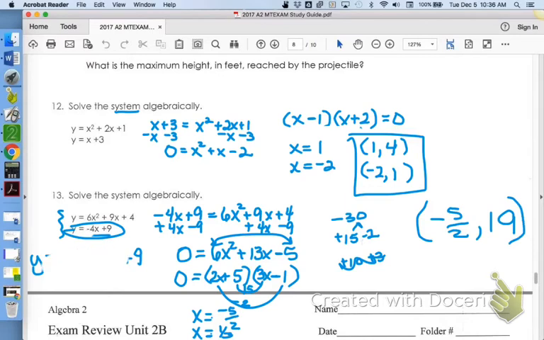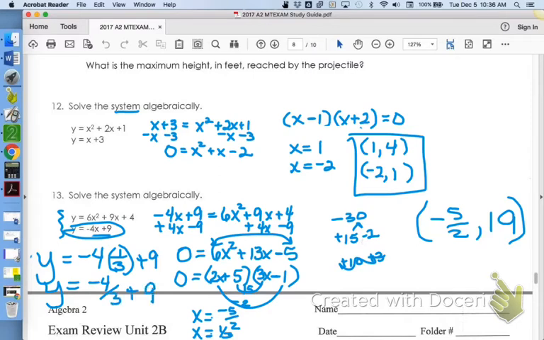All right, my second ordered pair, I'm going to run the number 1/3 through there. So the value of y when x is 1/3, that gives me negative 4/3 plus 9.